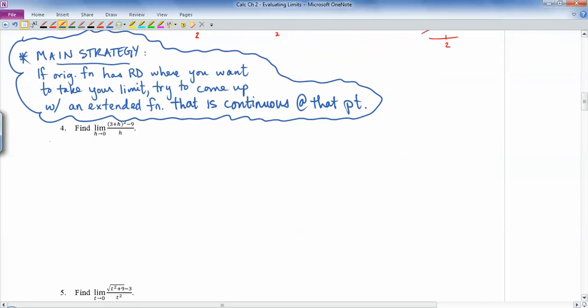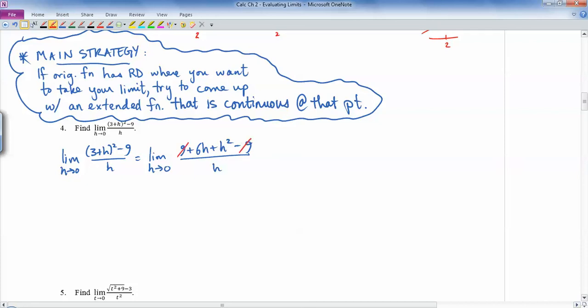Okay, so the function here, we're doing the limit as h goes to 0 of 3 plus h squared minus 9 over h. If I simplify the top, then this is the limit as h goes to 0 of 9 plus 6h plus h squared minus 9 all over h. And then I can do a little simplification.